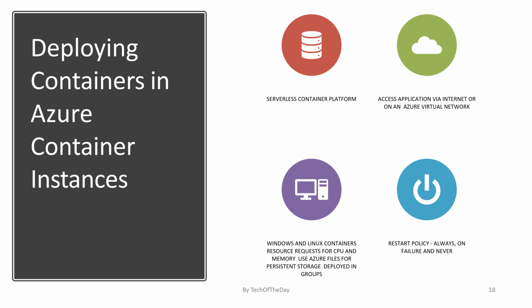Now that we know what Azure Container Instance is, let's see how we can deploy containers into ACI from various container registries. First, and the focus of this course, we can deploy containers from Azure Container Registry, and we will see how that works in the upcoming code samples and demos.